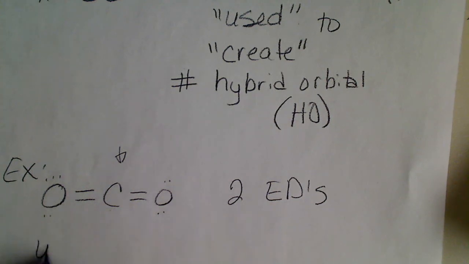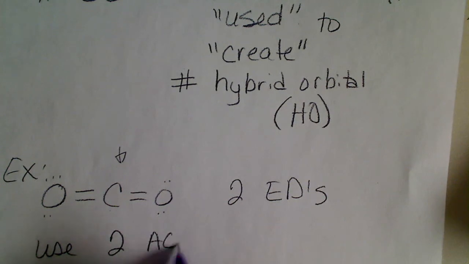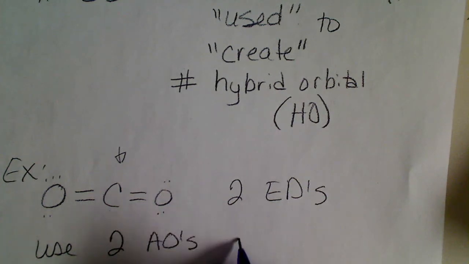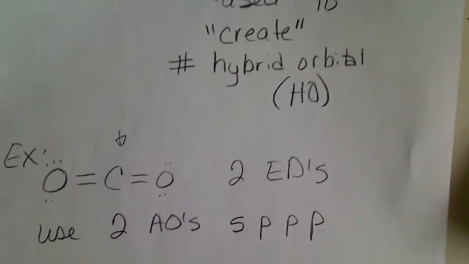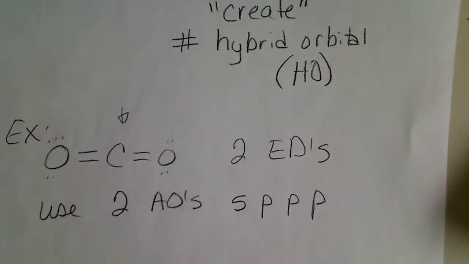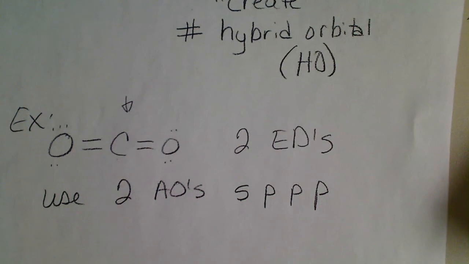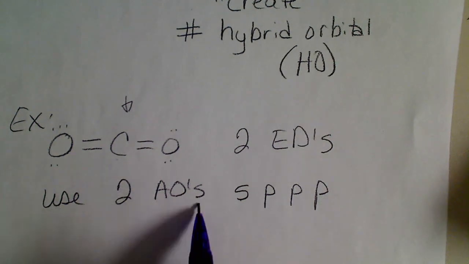So we're going to use 2 atomic orbitals, AOs, and there are always 1 s plus 3 p orbitals available. If we're on the 3rd row of the periodic table, then there are d orbitals available as well. So we're going to use 2 atomic orbitals.